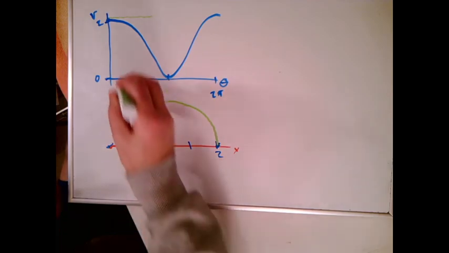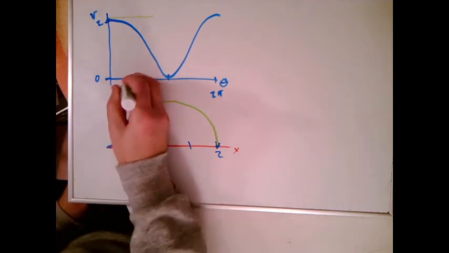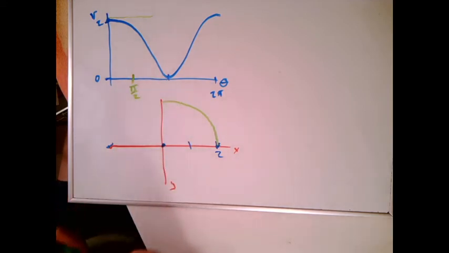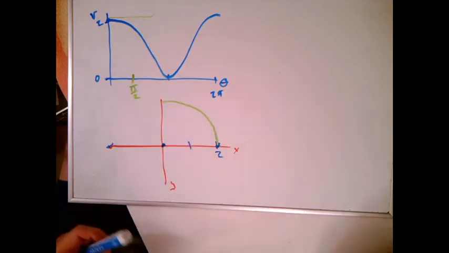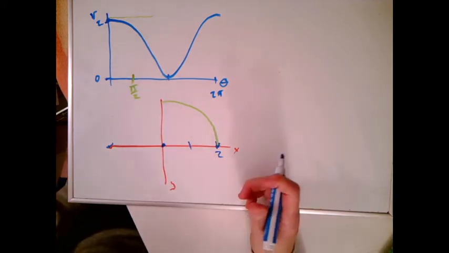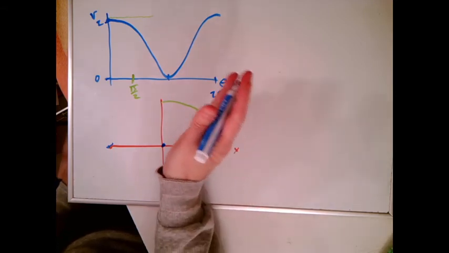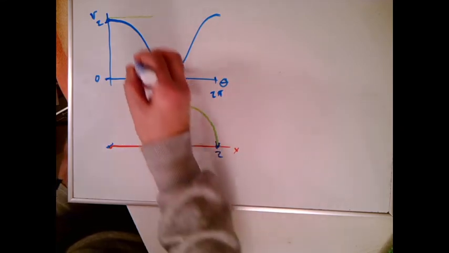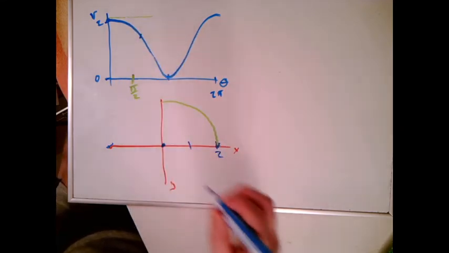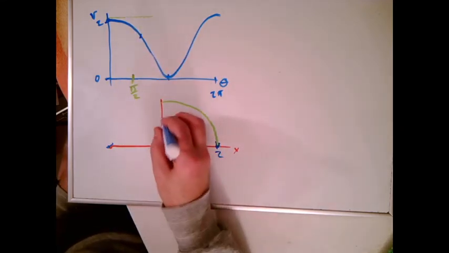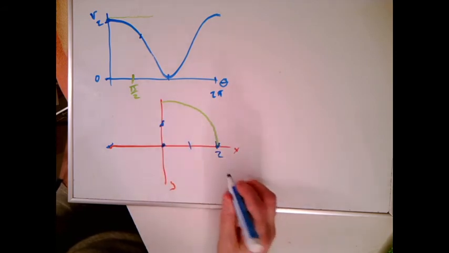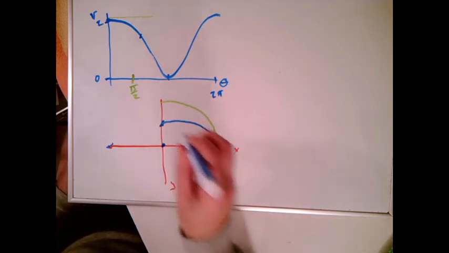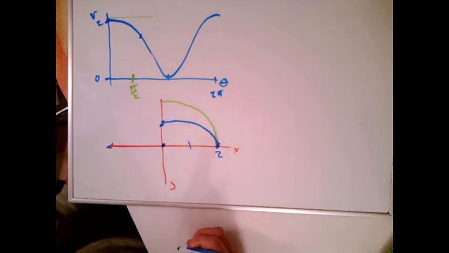Pi over 2 is going to go right here. Now, if it stayed constant, it would stay on that green line. But what happens is, as theta moves further out, r gets smaller and smaller. For example, by the time I get to pi over 2, r is down to 1. So instead of staying out at 2 the whole time, it gets smaller and smaller, closer and closer to the origin.